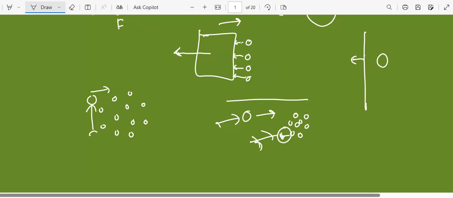Similar to that, every time these water particles or air particles collide with your body, they will be exerting forces on your body. The total resultant force of the forces exerted by each particle, we can call the air resistance. Understood? Is it clear?